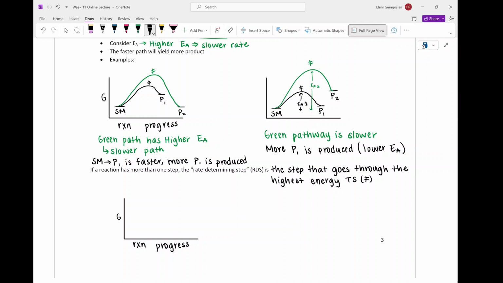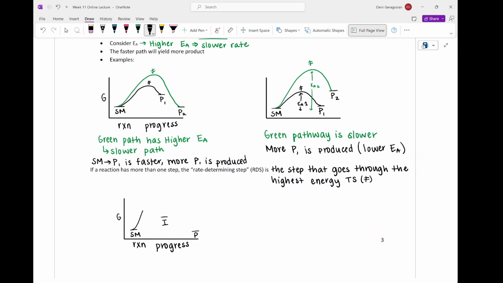Let's say you were given this is the energy of the starting material, here's the energy of the product, and then a two-step reaction. After the first step, an intermediate is formed. So the first step is starting material to intermediate, second step is intermediate to product.